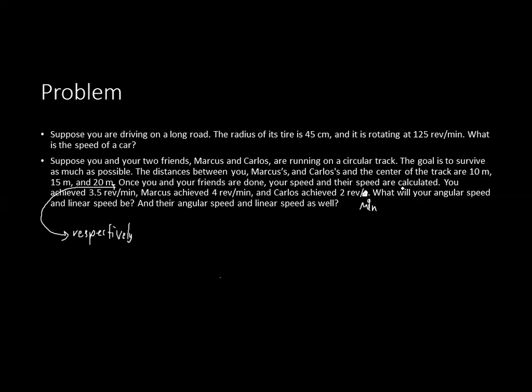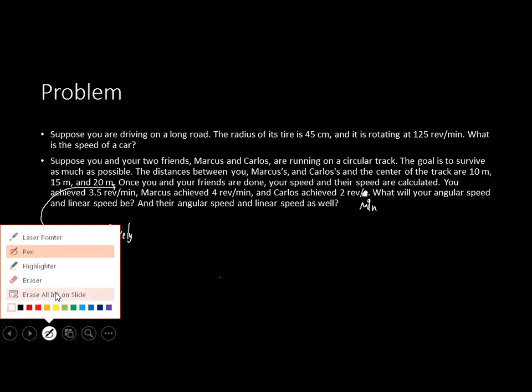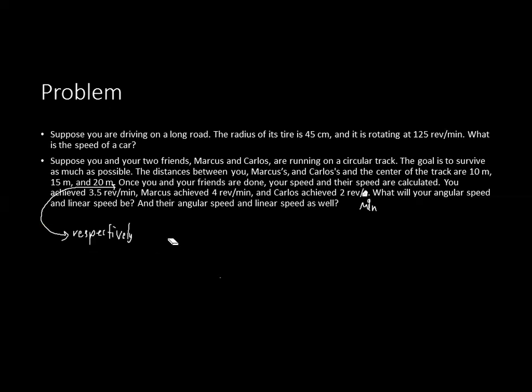No, it's minute. Okay. What will your angular speed and linear speed be, and their angular speed and linear speed as well? Seems like we have 6 answers in total.